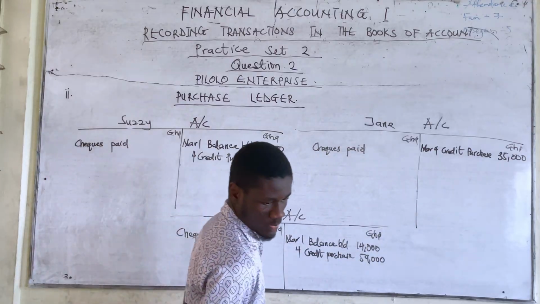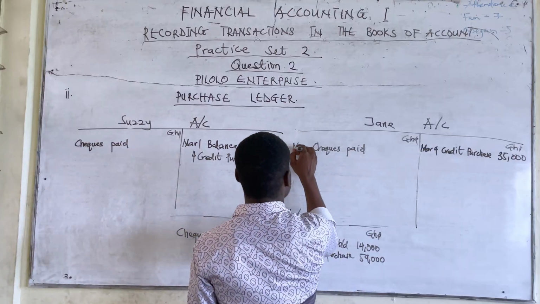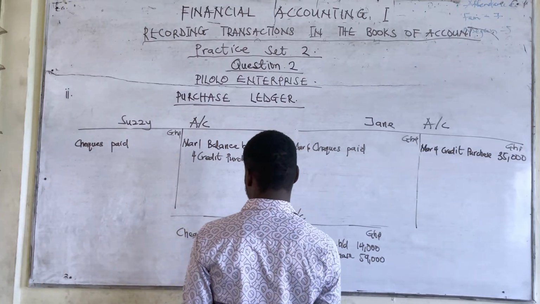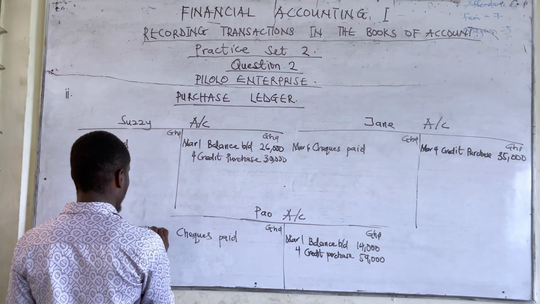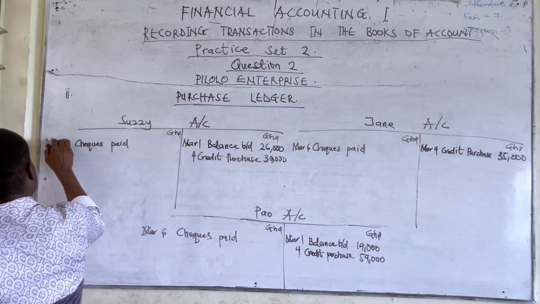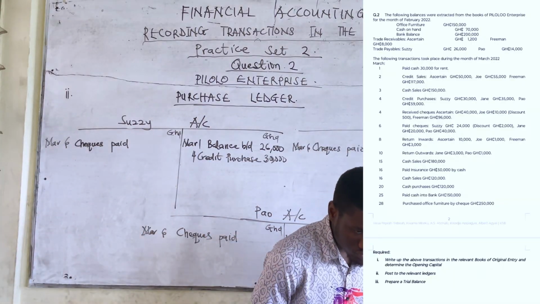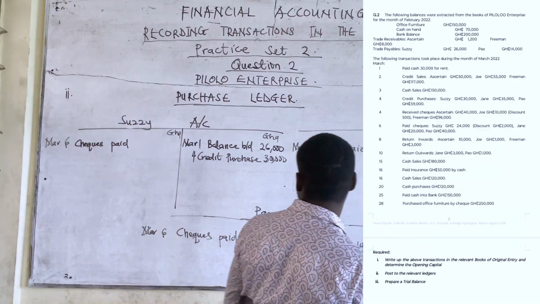Okay, and the date was March 6th. So the amount we paid to Susie was 24,000.